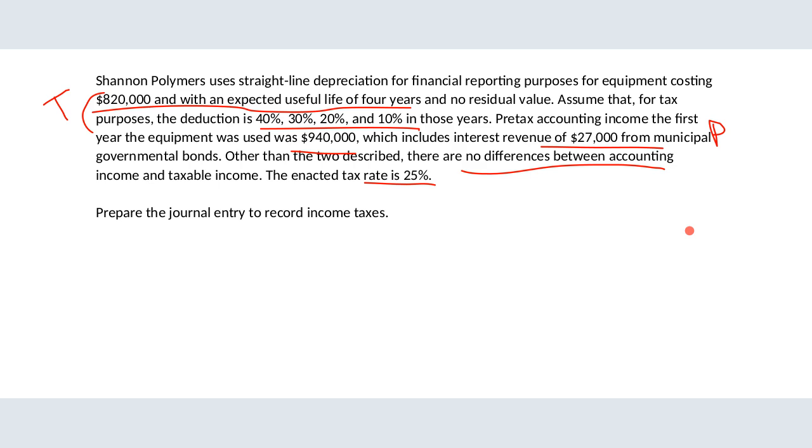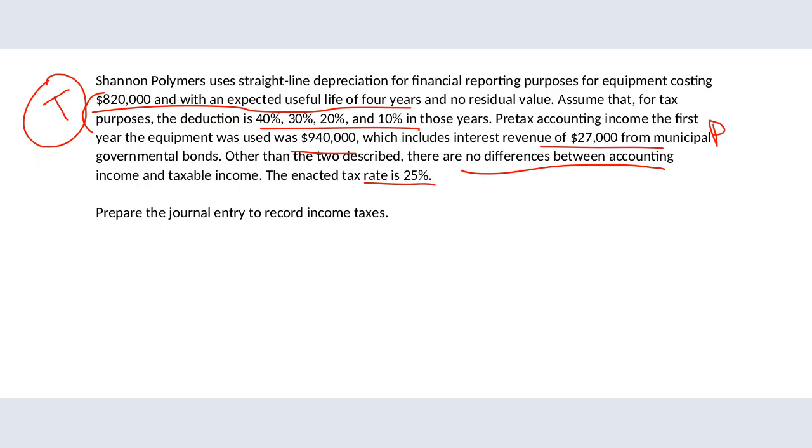Differences in book and tax income that are what? Temporary, correct, temporary. Okay, differences that are temporary, exactly. So the permanent difference is there to calculate taxable income, but the deferred tax assets and liabilities are only analyzed for temporary differences, all right?